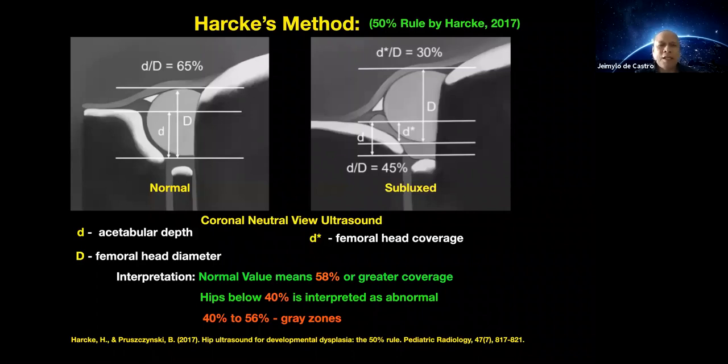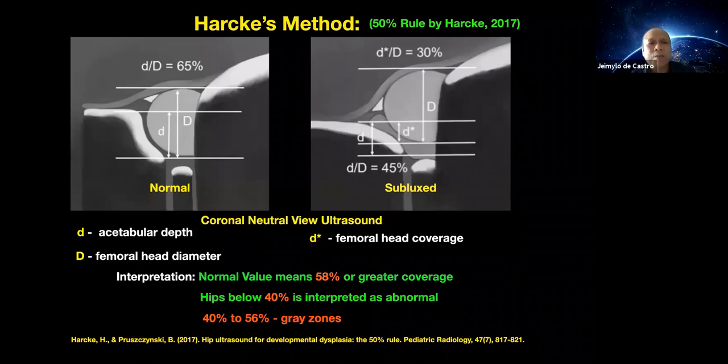So the first D, the capital D, refers to the diameter of the femoral head. The distance from the top to the bottom of the femoral head, that's your capital D. For normal patients, we have the small d, which is just the acetabular depth. This is the depth from the ilium to your triradiate cartilage.